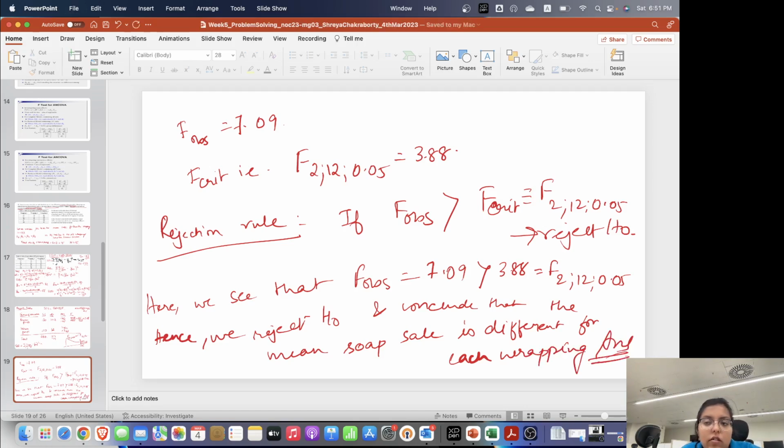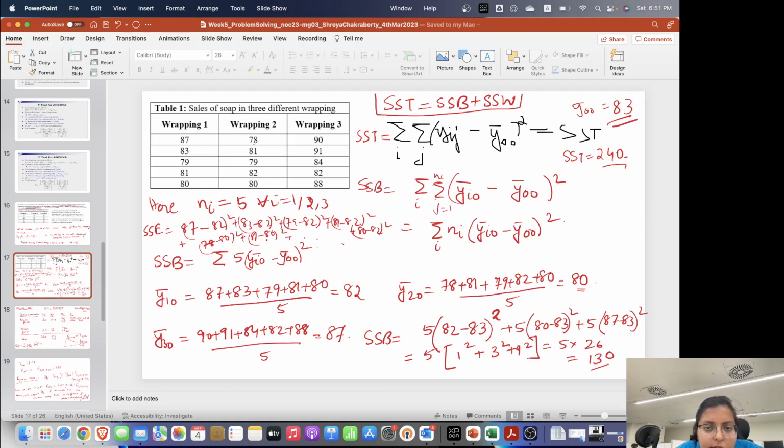Is it okay? Any doubt? Yes, I have. Normally it is mentioned wrapping 1, 2, 3. From the 5 observations in each wrapping, we can see that the mean from each wrapping is different.